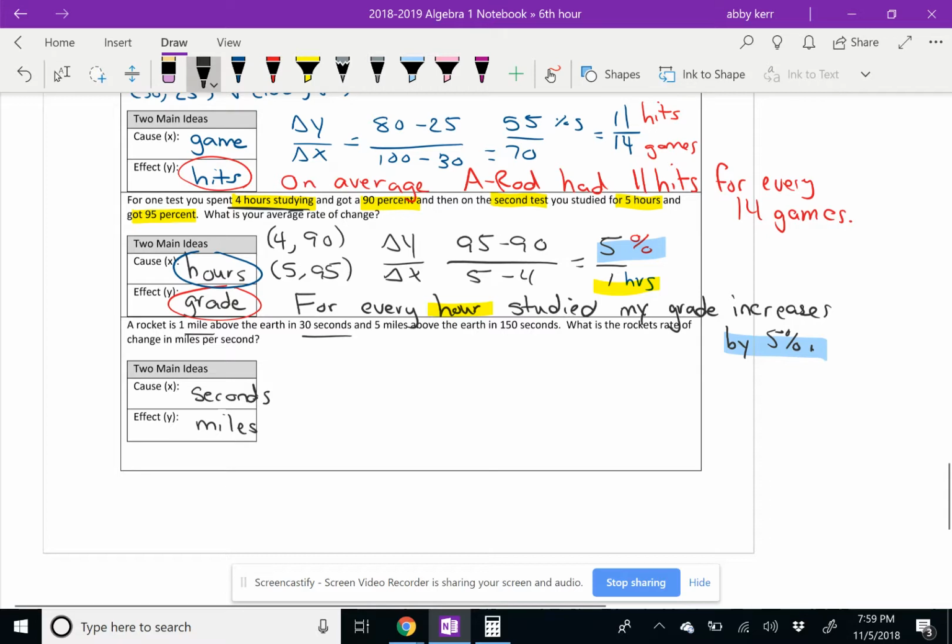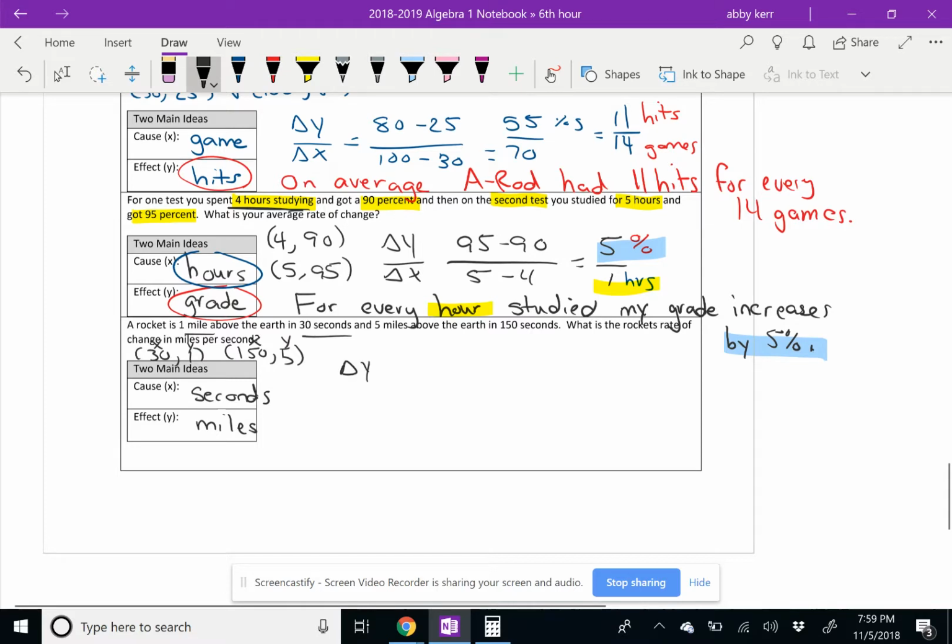Now this is very tricky because it is 30 comma 1, because remember it's x comma y, and then 150 comma 5, because once again it's x comma y. So some students tend to mix that up, so you want to be careful.